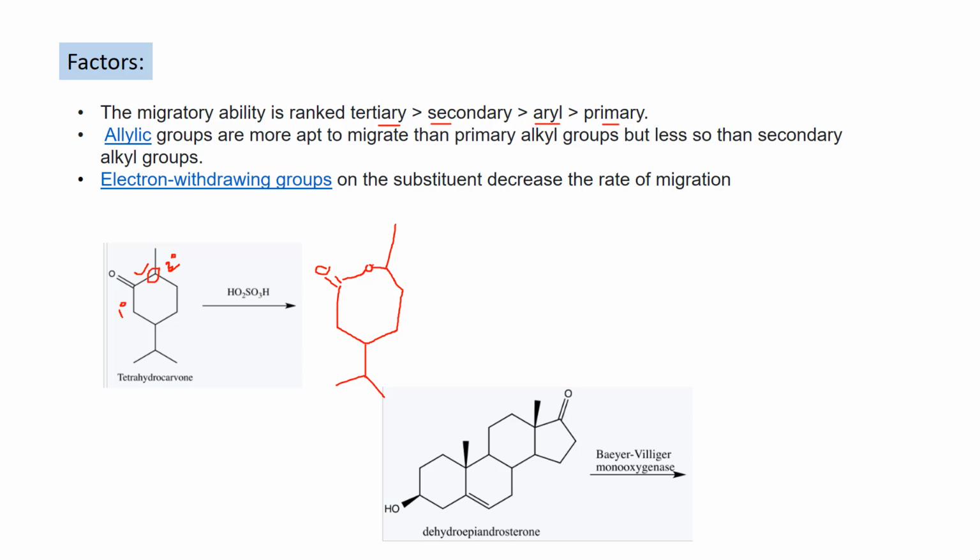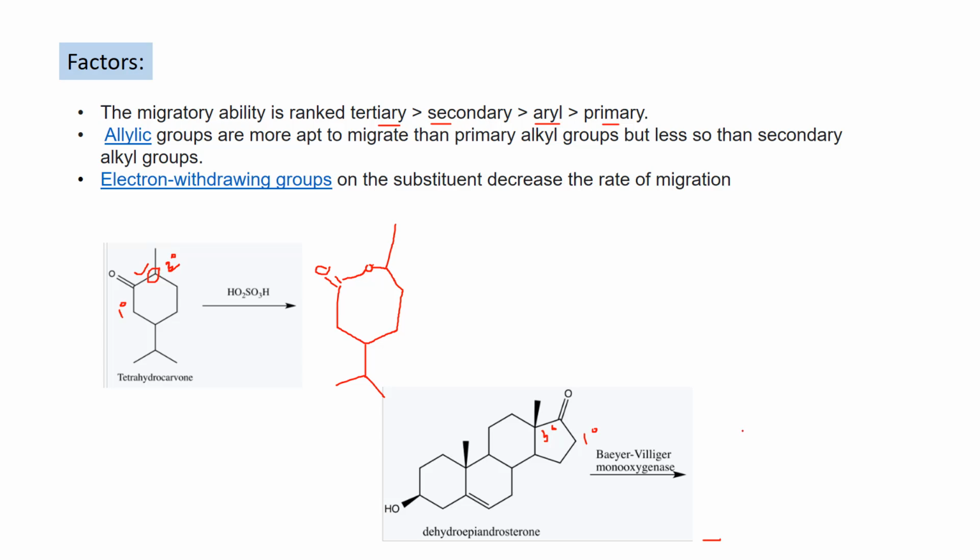Now try to solve this one. I will give 1 minute. This is the last question for today. So now see, this one carbonyl group, this carbon is primary, whereas this carbon is tertiary. So which will migrate? Obviously this one.